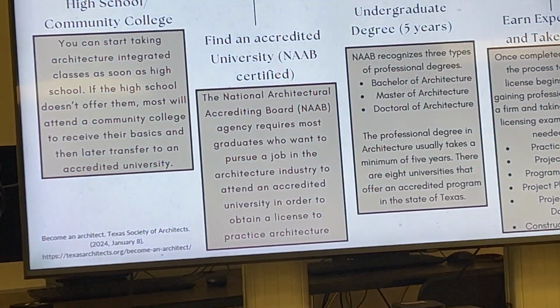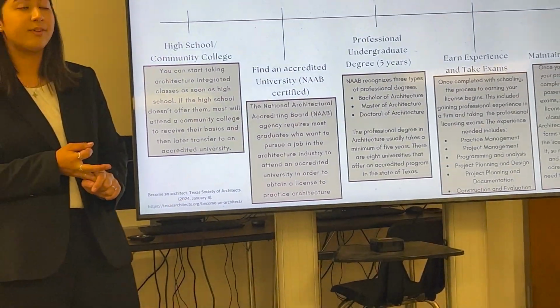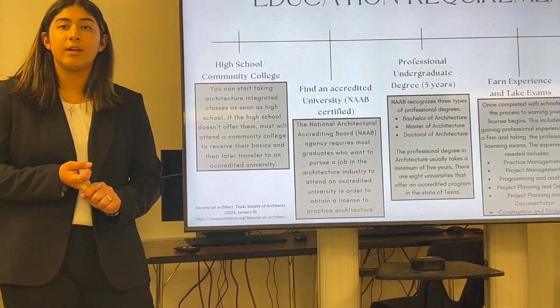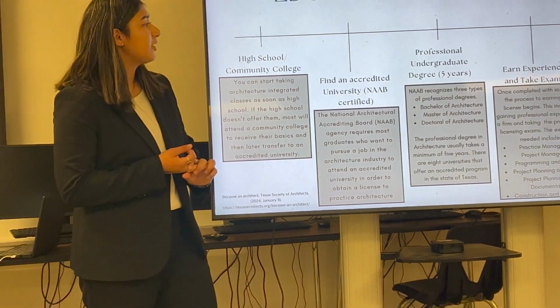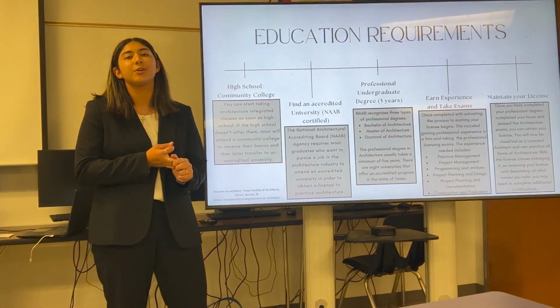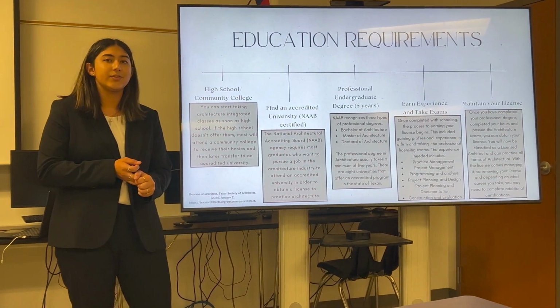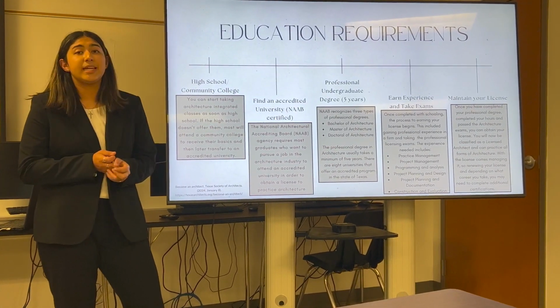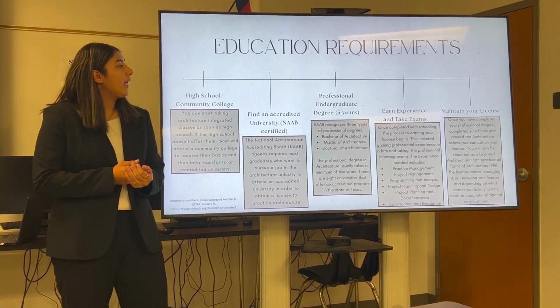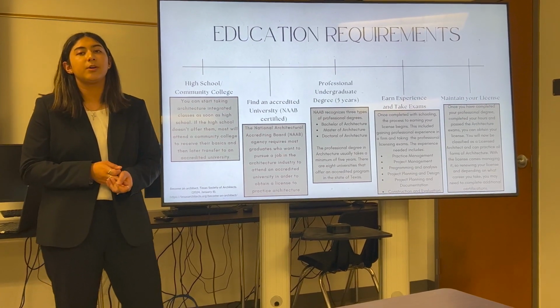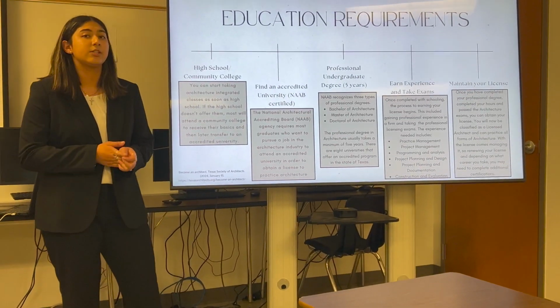Once you have passed your test, completed your 2 years of interning, and have a professional undergraduate degree, you can then obtain your architectural license. This also comes with maintaining it, like renewing it. And depending on what career choice you take, you may need to take additional certifications.